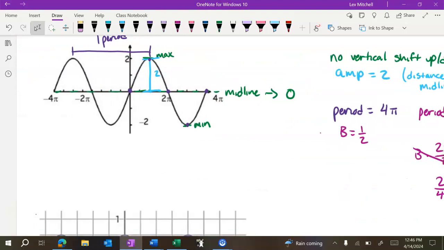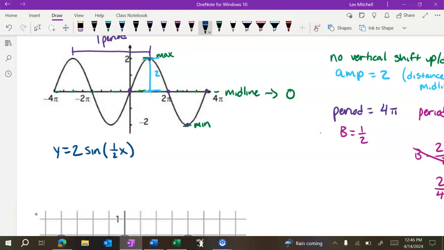So looking here, I see on my y-axis, my y-intercept is in the middle. And I know that sine starts in the middle. So if I wanted to write a sine equation, using all the values I just found, I would have y equals my amplitude of 2, then sine, my b value of 1/2, so 1/2 x, and then that's it because I don't have a vertical shift.